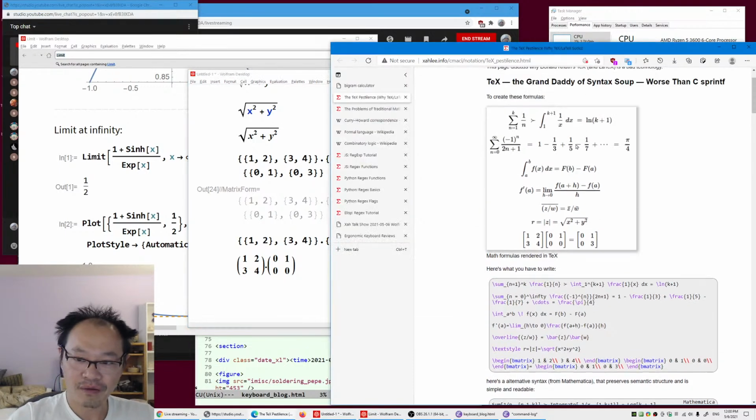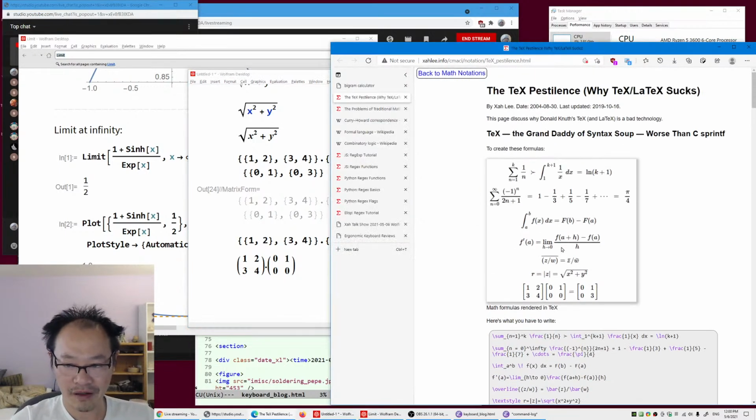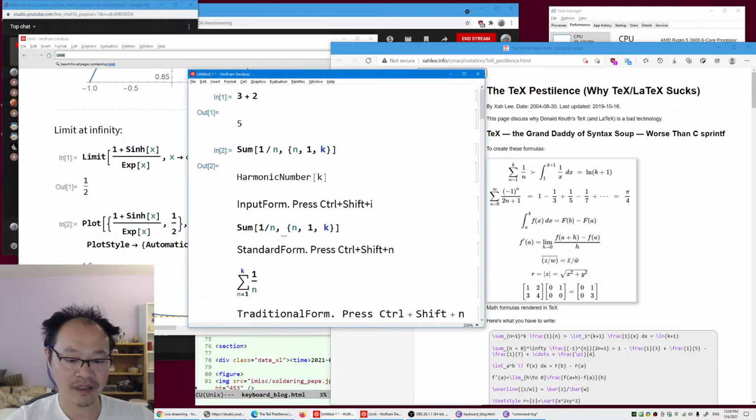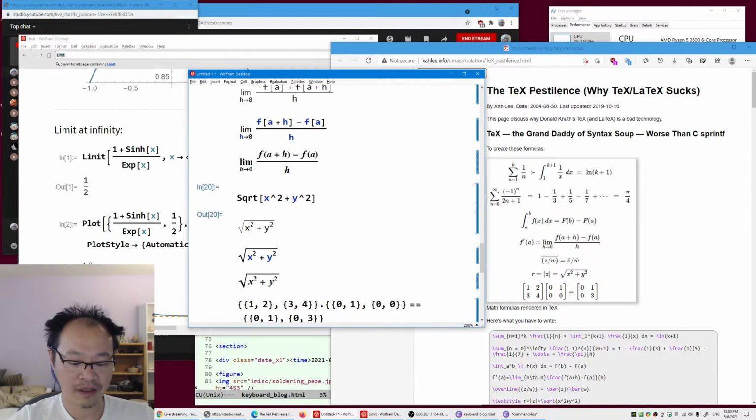So anyway, I have shown what the syntax is for these renderings in Mathematica. In fact, you can select the whole notebook and just press Ctrl-Shift-N to transform everything to the mathematical notation. Or you can just select part of it.